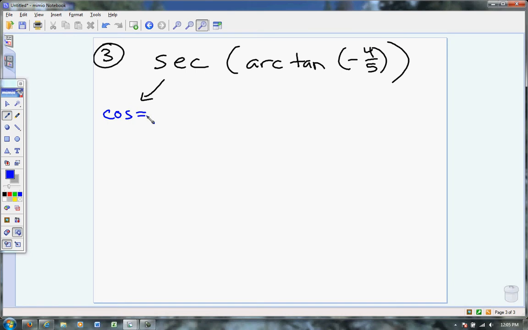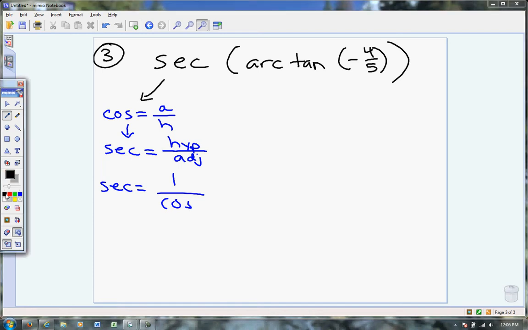So cosine is adjacent over hypotenuse. So what is secant then? Secant, you just flip it, right? Because it's the reciprocal. Secant is hypotenuse over adjacent. Very important to remember that relationship between the two. It's called the reciprocal identity, the fact that secant is the same thing as 1 over cosine. That's one of the things that we've learned.